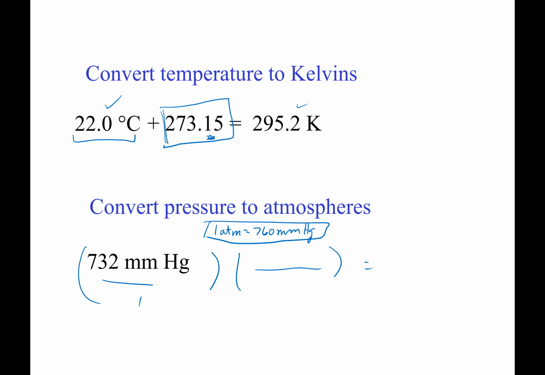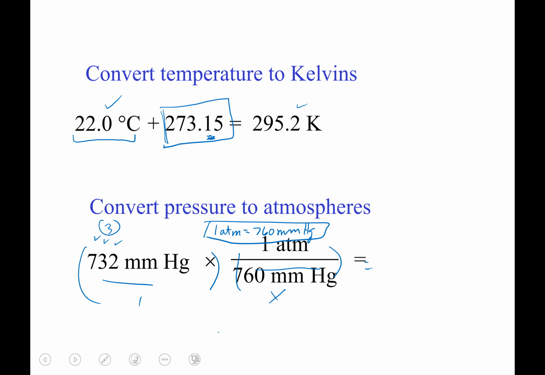Yep, we're going to put units of millimeters of mercury in the bottom, units of atmospheres on top, and it looks like this. Now, when you're rounding using this equality, remember that this is an exact relationship, so this brings no uncertainty. So how many sig figs do we allow in our answer? 3 sig figs. Very good. And so this is your pressure now in units of atmospheres, 0.963 atmospheres.